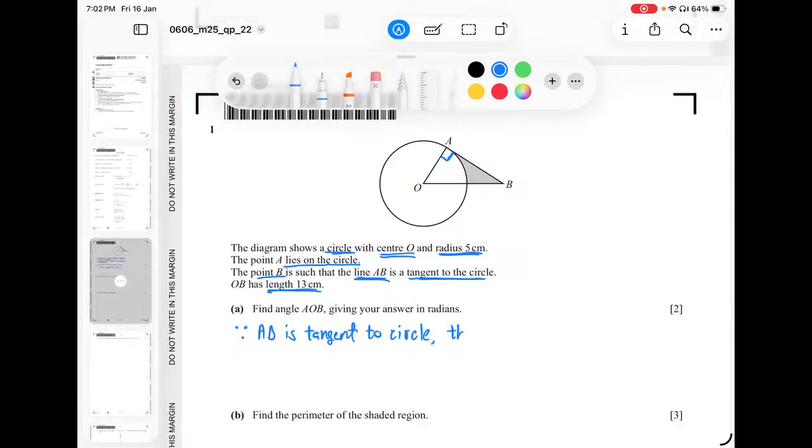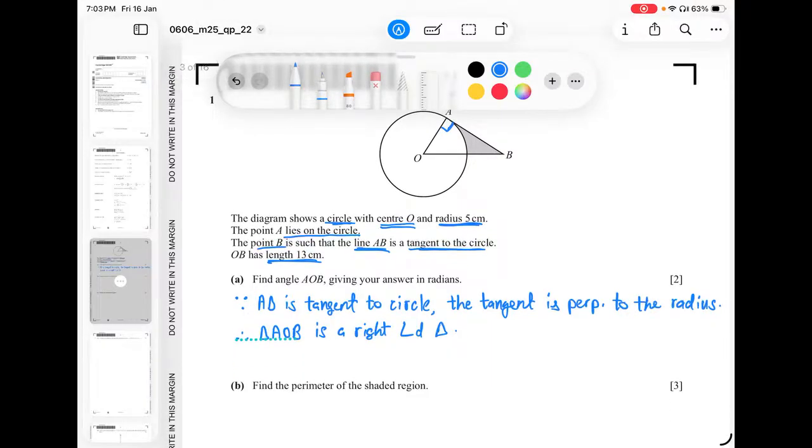So the property is that the tangent is perpendicular to the radius. And from this we find that, therefore, triangle AOB is a right angled triangle.